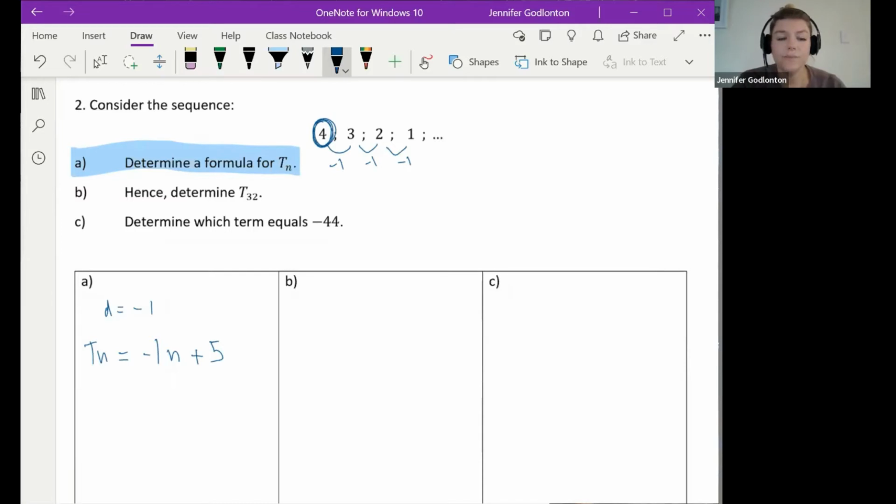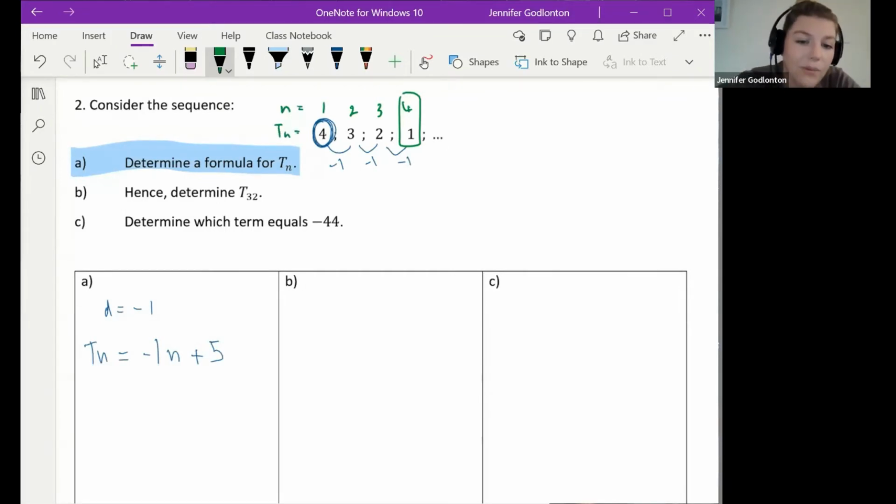So those of you who have -1n plus 3, if I had -1n plus 3, then my first term would be 2 and not 4. That's why if we write these positions right in the beginning, the 1, 2, 3, 4, if we substitute those values, we can check that our formula is right. This pair is saying that when n is 4, then Tn would be 1.